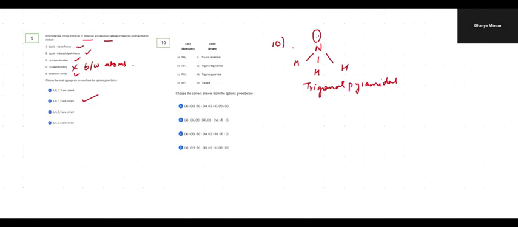Then I have ClF3 with the lone pair at the equatorial position, and if we ignore the lone pair, it is T-shape.